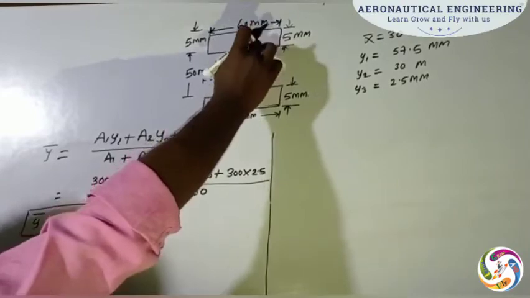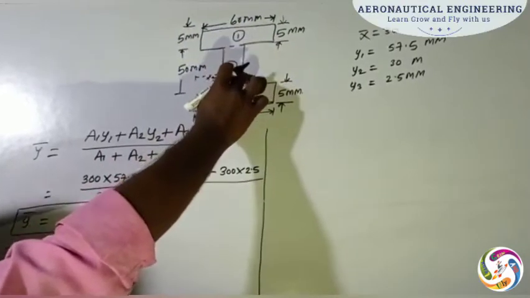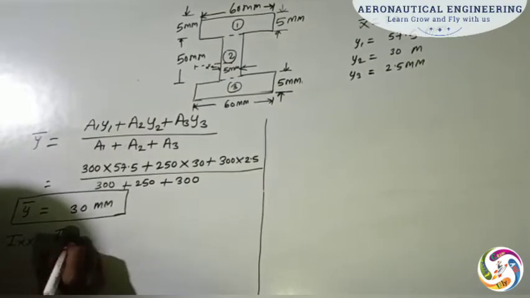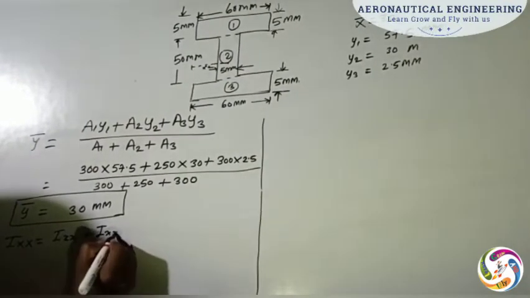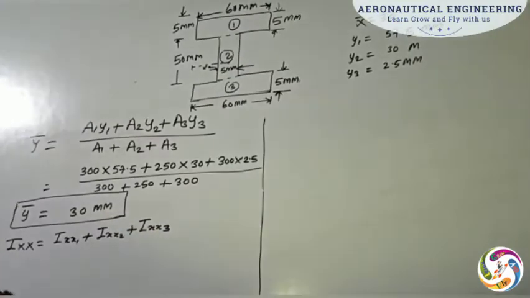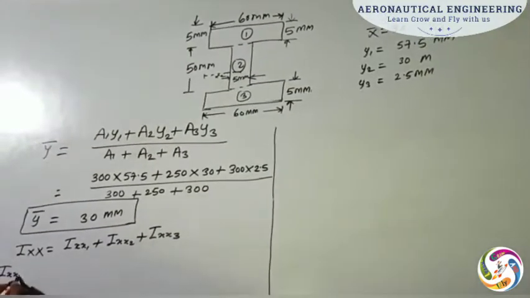For first section Ixx1, for second section Ixx2, for third section Ixx3. So Ixx1 plus Ixx2 plus Ixx3.